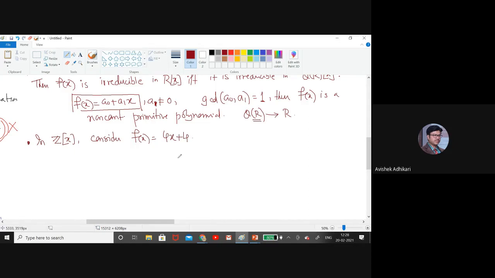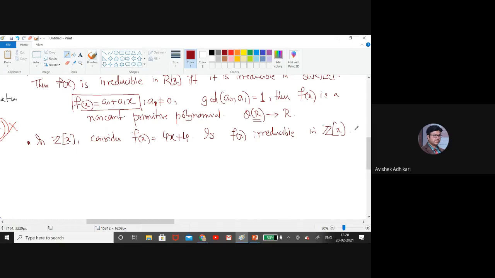Is f(x) irreducible in Z[x]? What do we mean by irreducibility? Intuitively you can think of it as factoring it in terms of irreducible elements.